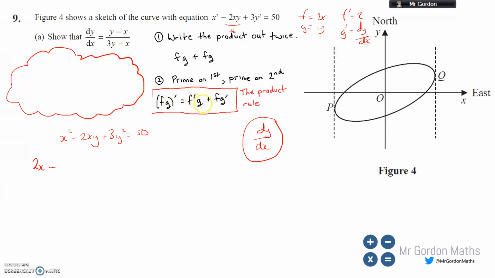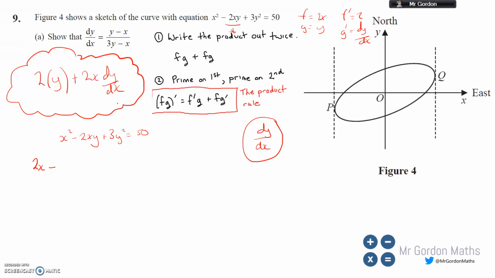Alright, so let's write this out. The result is going to be the differential of f, which was 2, times the g function, which is y, plus f, which is 2x, times the differential of the g function, which is dy by dx. Okay, is everybody happy with that?